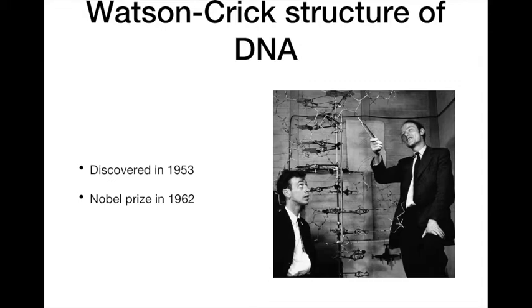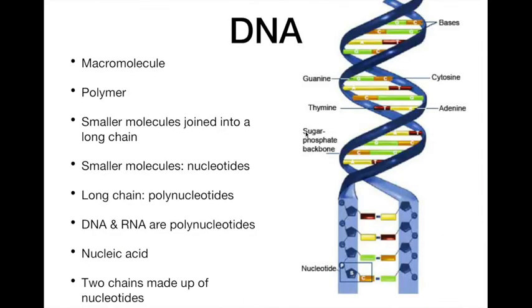Now, we're going to talk about the structure of DNA. We said the DNA is made up of 2 chains. Okay, we saw how each chain is made, but how these chains are combined in order to create this molecule, the DNA.